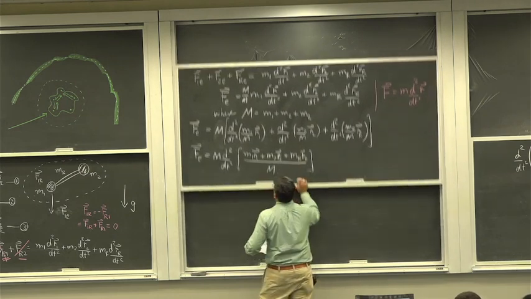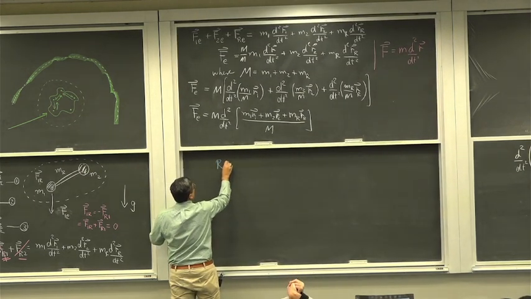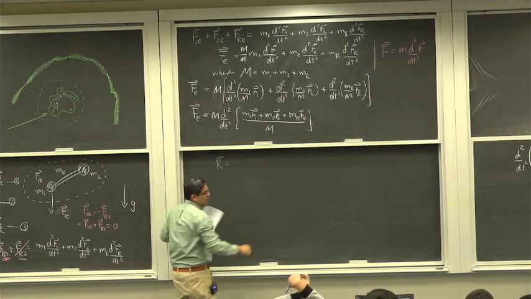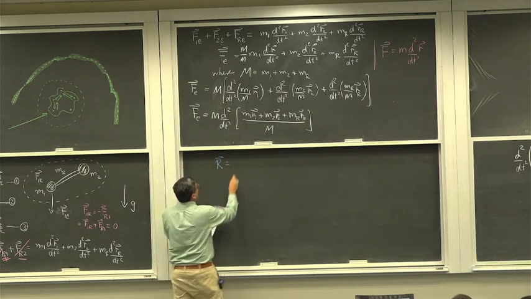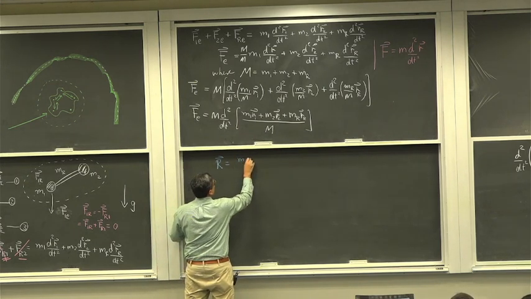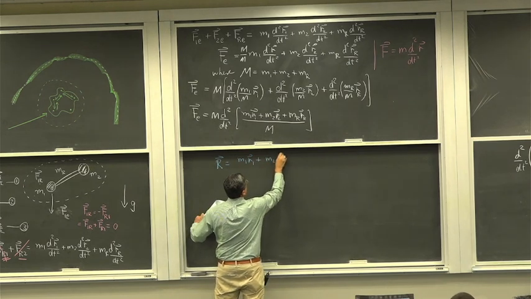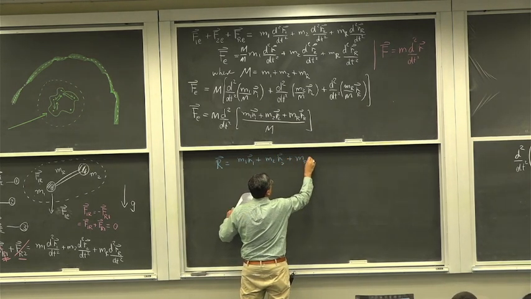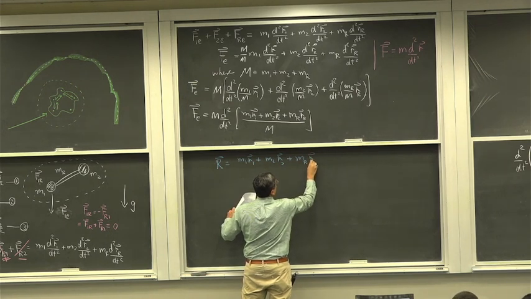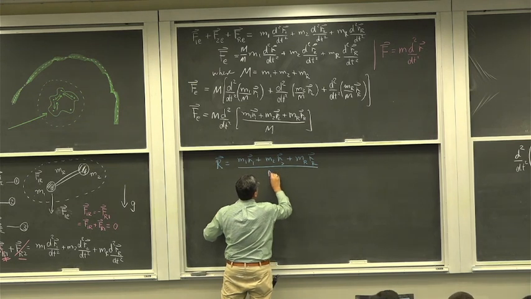So let me just use it on the next board. Now R is M1 R1 plus M2 R2 plus MR R, divided by the total mass.